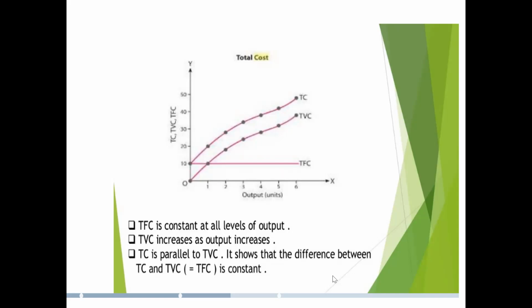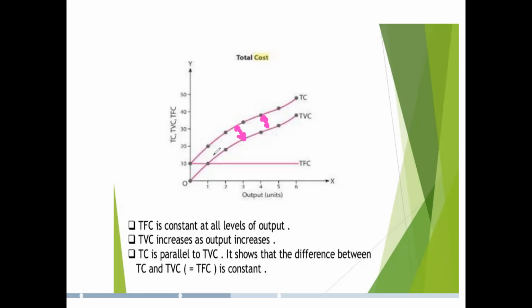So here, if we consider this difference, you can see it takes a constant value. The TC curve lies parallel to the TVC curve, right?